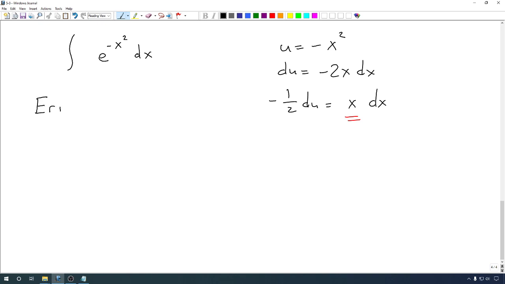It's called the error function. That's defined to be the antiderivative for e to the minus x squared. This is not a function that can be written in terms of powers or exponentials or logarithms. It can't even be written in terms of trig functions, the functions we haven't even worked with in this class. The only thing that we can actually do here is write it as an integral.